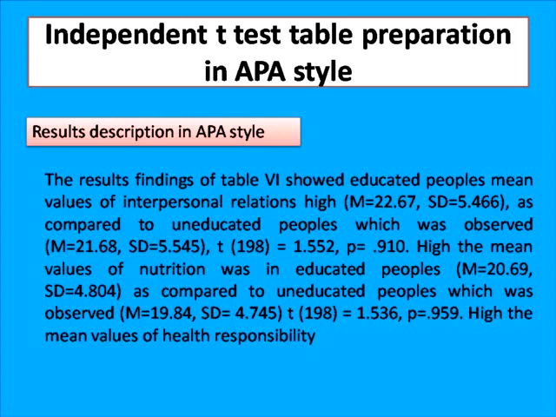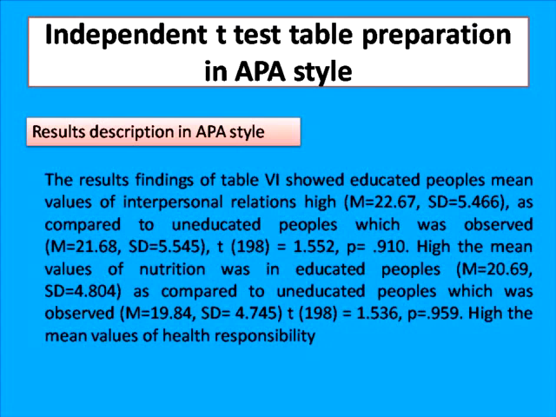You have to write less than or greater than. If you put an equal sign here, this is wrong; you put the greater-than sign, P is greater than 0.910.